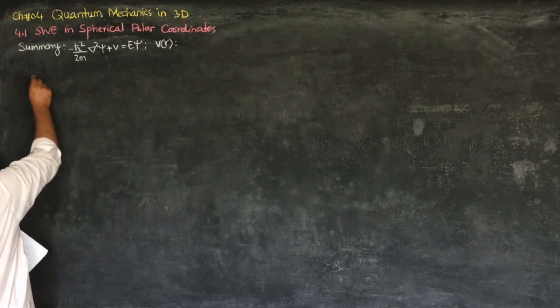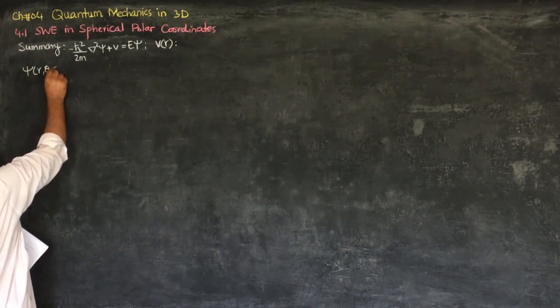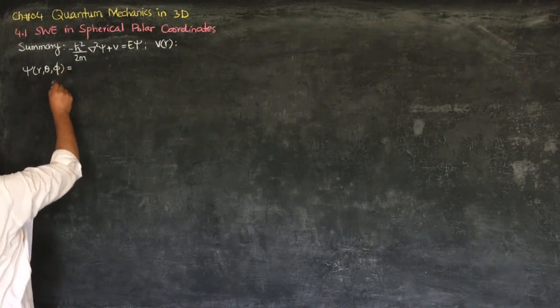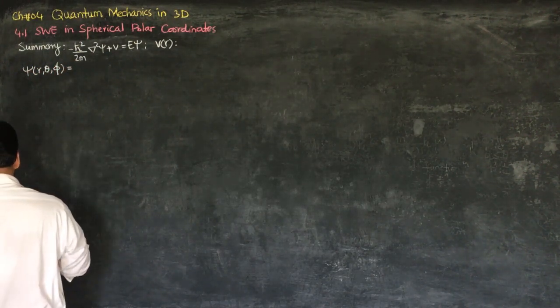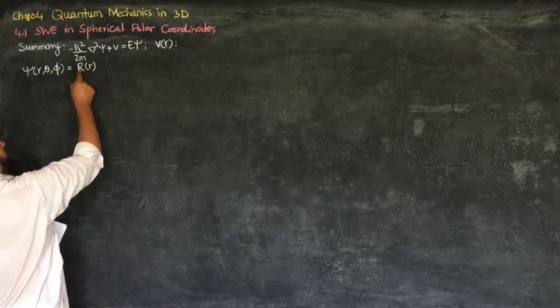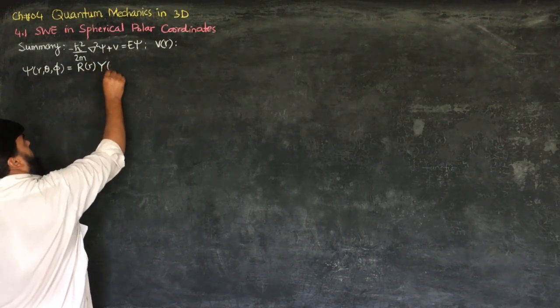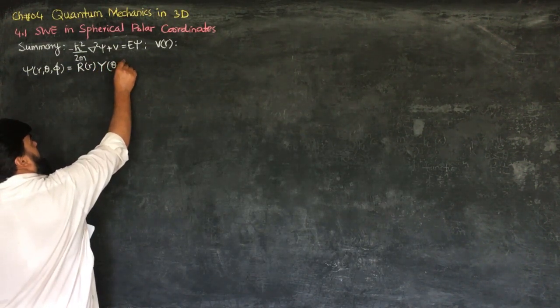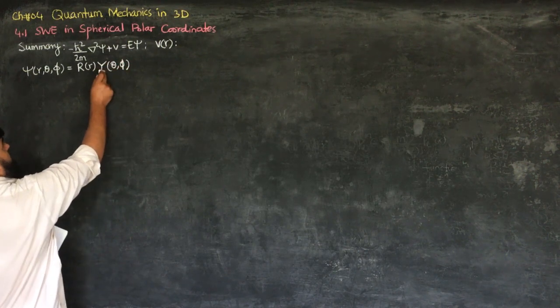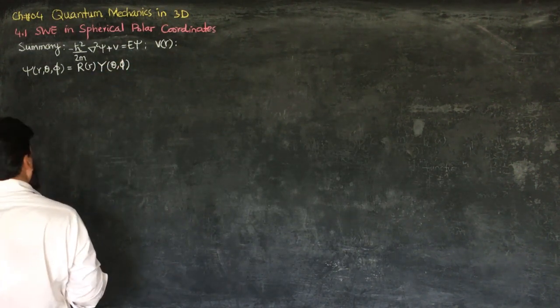Then we used the separation of variables technique, ψ(r, θ, φ). We split this into the radial wave function R, which depends on r, and Y, which depends on θ and φ.